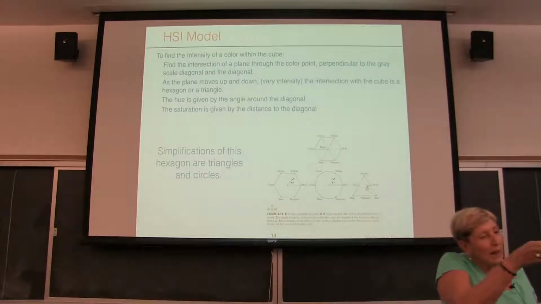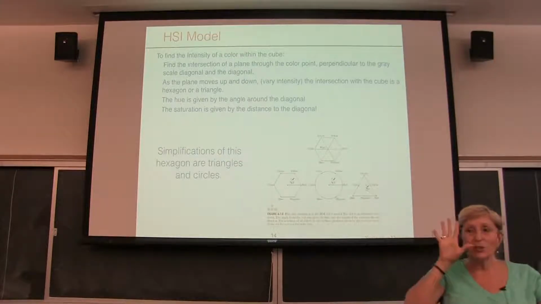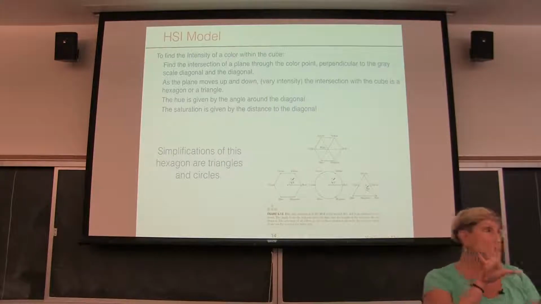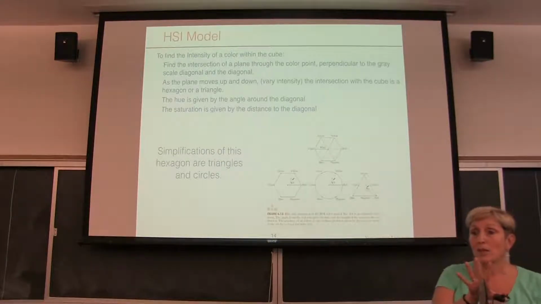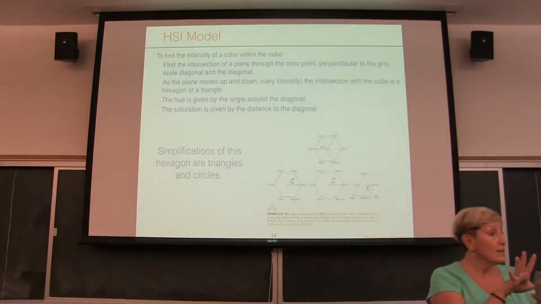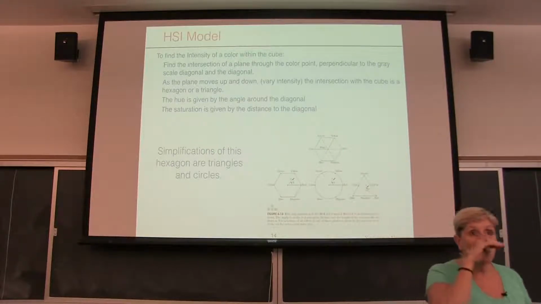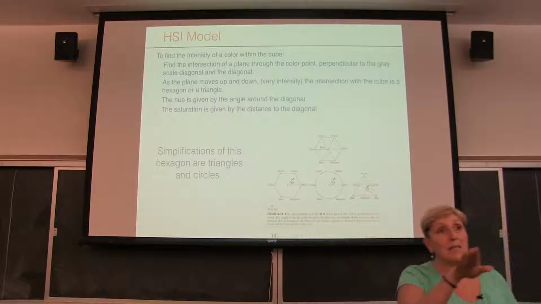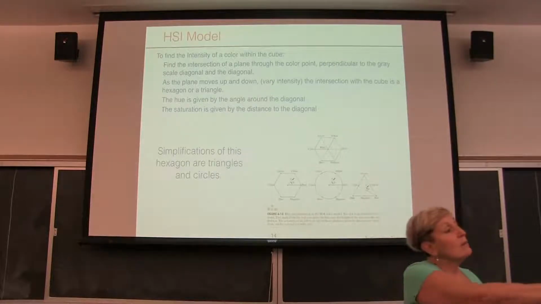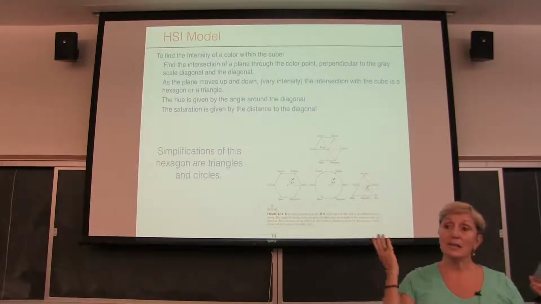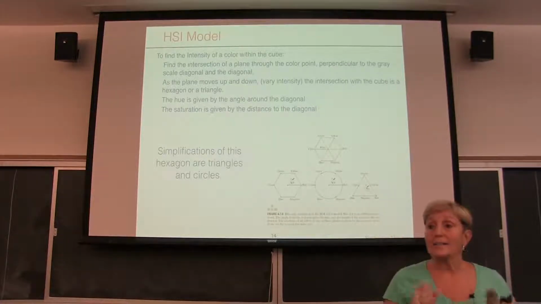You're looking straight along that diagonal, so it's a 3D cube, but because of the viewpoint I have chosen, you see it as a hexagon. So this is what we're going to use to represent colors now, because we imagine that diagonal and imagine a plane perpendicular to that diagonal.